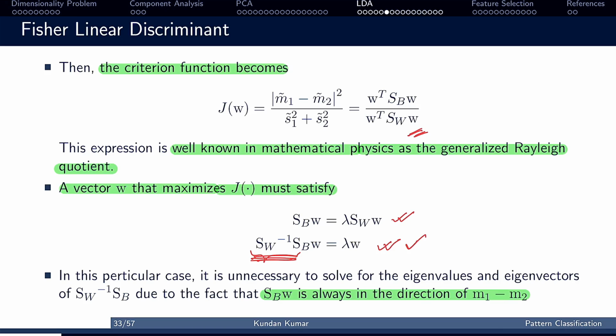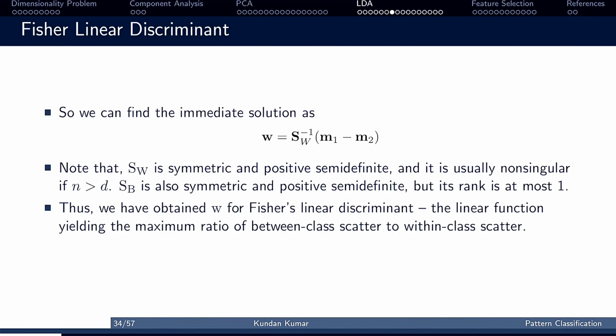So we can directly use the solution as W equal to SW inverse into (M1 minus M2), where M1 is the mean of the samples from class 1, that is set 1, and M2 is the mean of the samples from class 2. So this is the weight vector that we are trying to find. So this is our final solution. This is the direction that we were looking for.